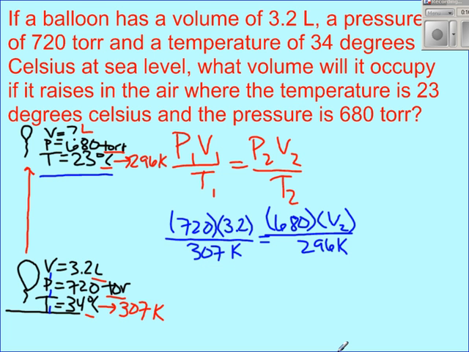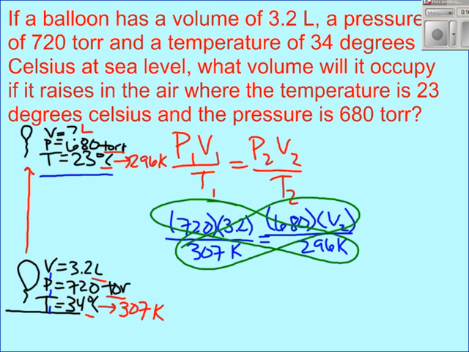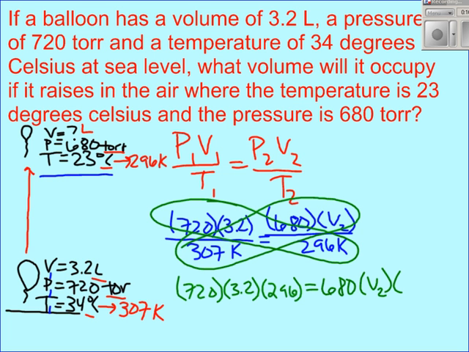Now let's cross multiply. 720 times 3.2 times 296 will equal 307 times 680 times V2. Rewriting that, it will look like this. Now that you have all of your information plugged in, the last thing is to solve.